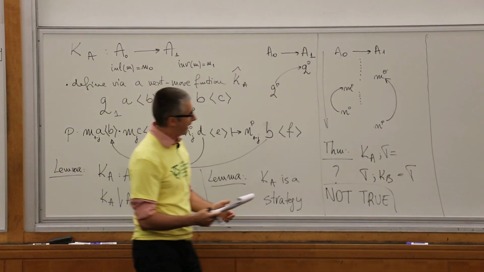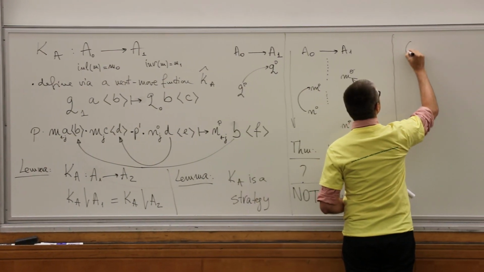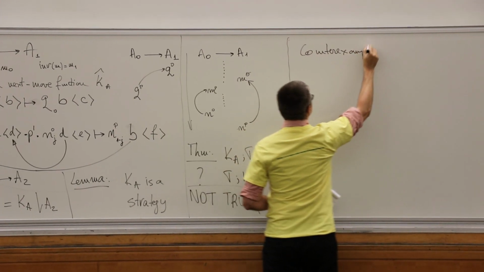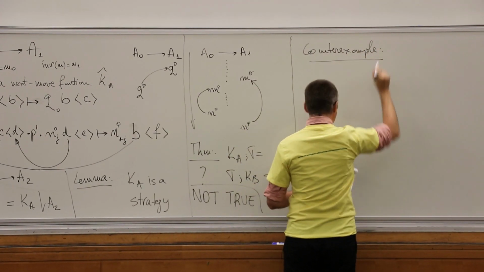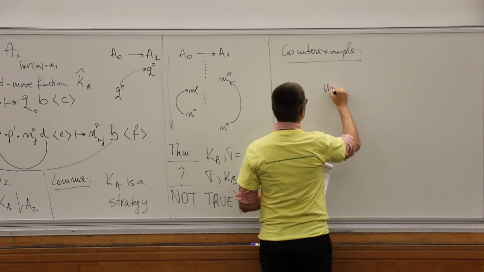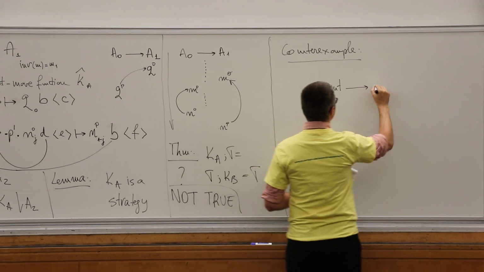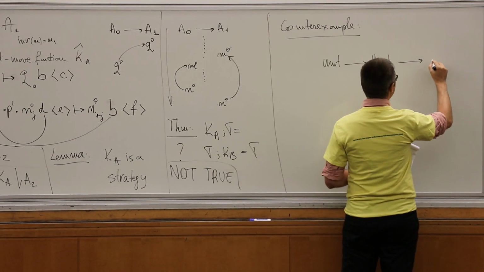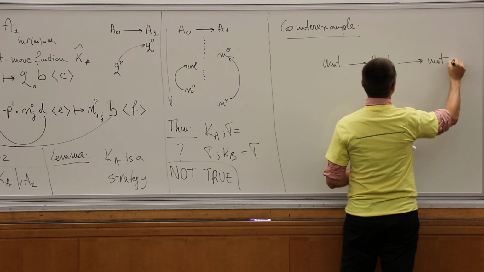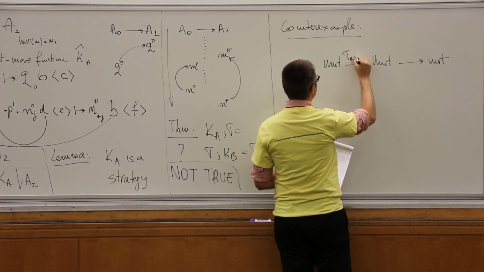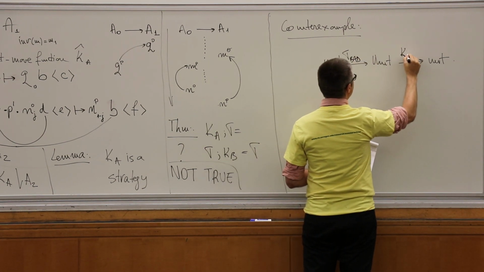Let's give a counterexample. Let's take two strategies, unit to unit. One we call sigma bad, and one is the copy unit.